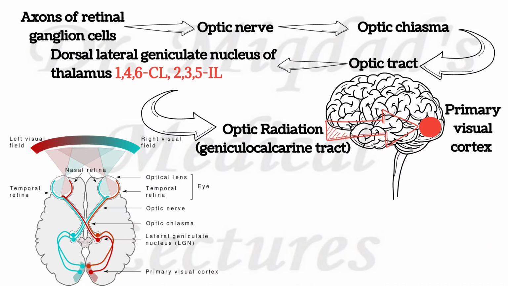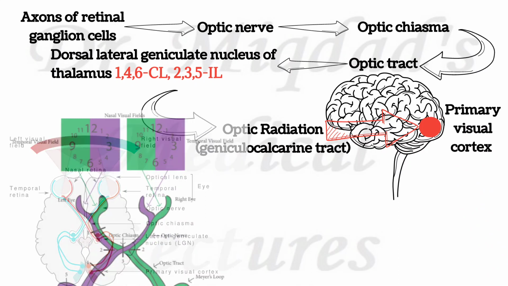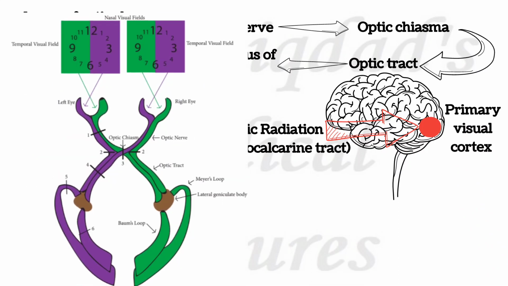Whereas the lower fibers, called the temporal group, take information from the lower half of the retina and are projected to the inferior bank of the calcarine fissure. The lower group of optic radiation loops around the temporal horn of the lateral ventricles, thereby forming Meyer's loop.